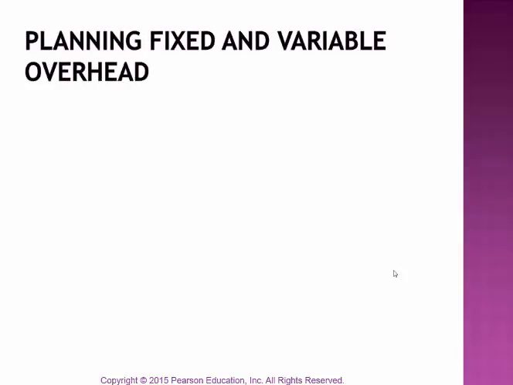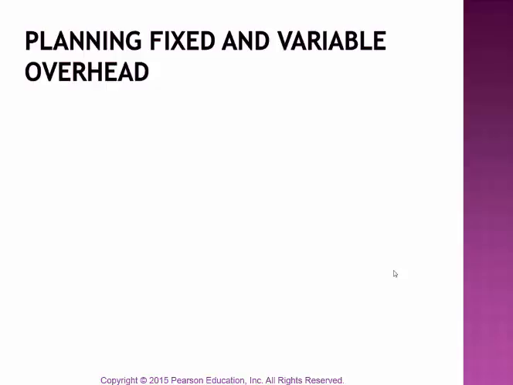All right, so planning our fixed and variable overhead is a very, very important process for management. It's essential that they understand the behavior of our overhead costs, how to plan for them, how this variance analysis works and how it can be utilized to better run the organization, and hopefully act appropriately based on the results calculated in the variance analysis techniques.